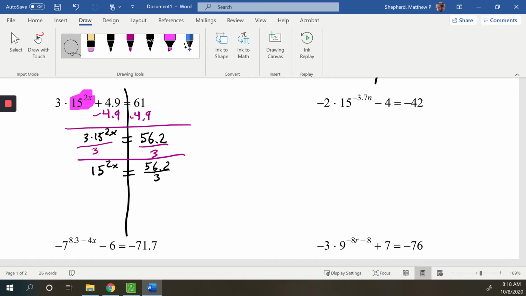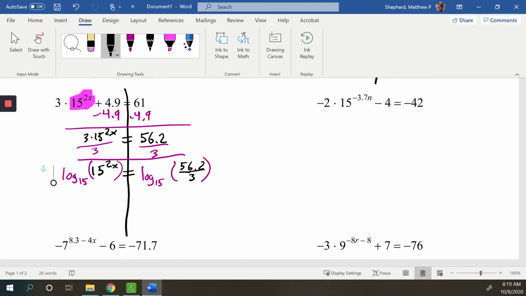So now we are going to do the log of both sides of this. I need to just remember to write those further back so I have space for my log when I get to that step. All right, so now we're going to do log of base 15 to match that base of 15. And we're doing it to both sides.